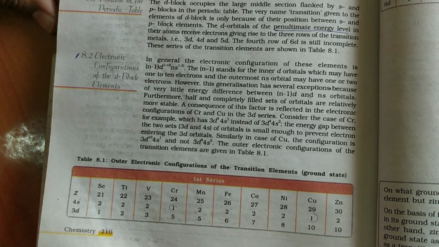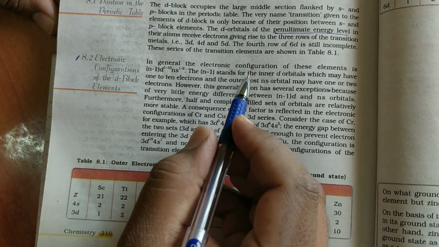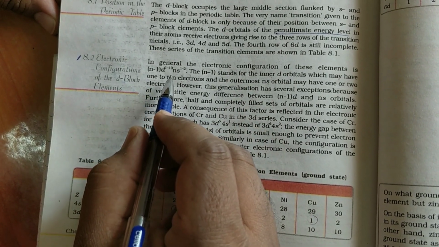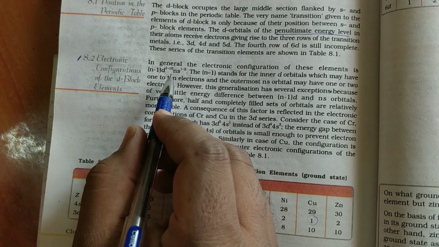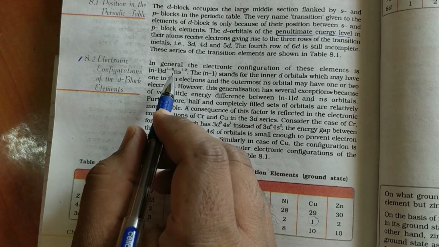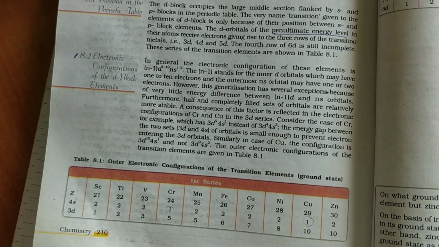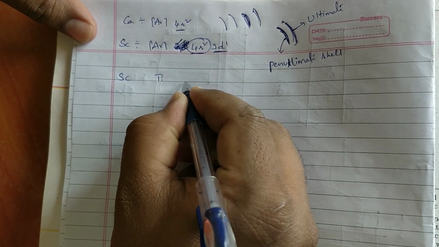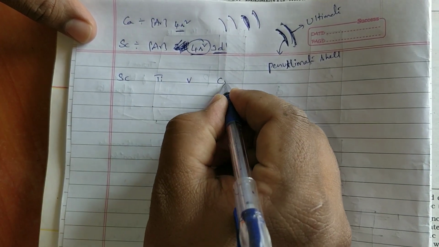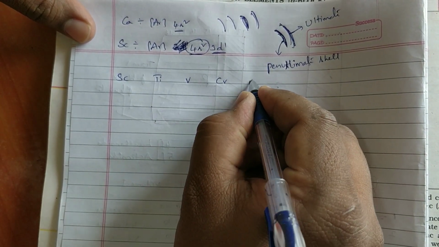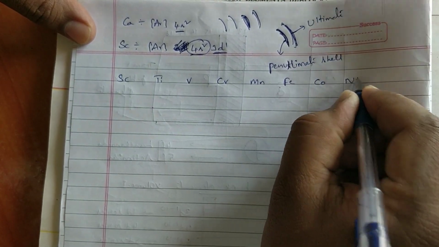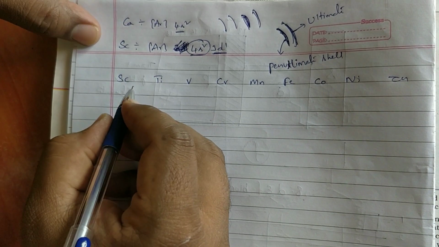In general, the electronic configuration of these elements is (n-1)d 1 to 10 ns 1 to 2. Why do we write like this? Observe here. I will write one series: scandium, titanium, vanadium, chromium, manganese, iron, cobalt, nickel, zinc.